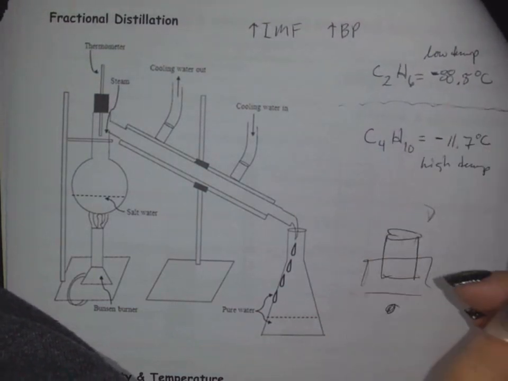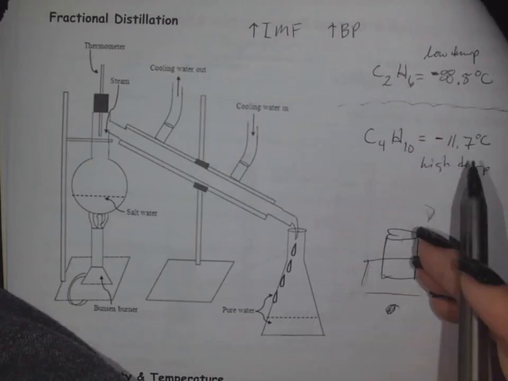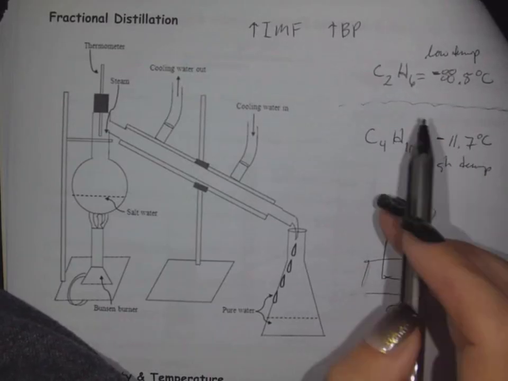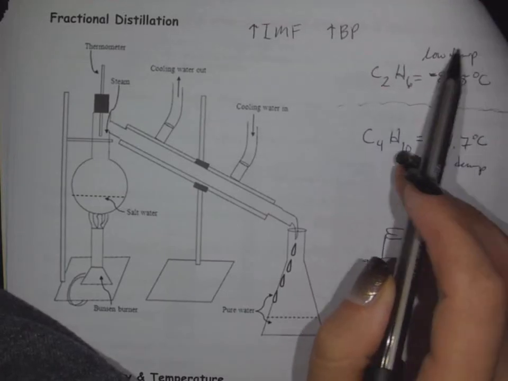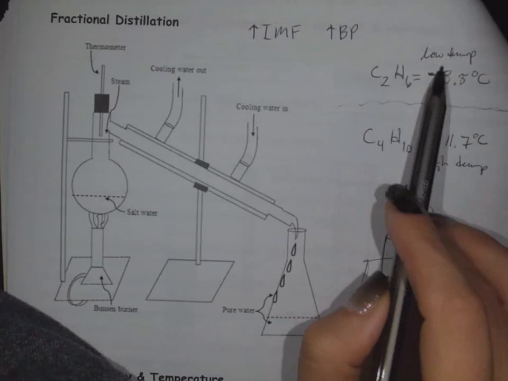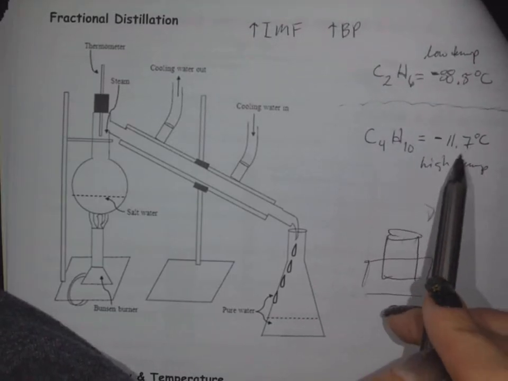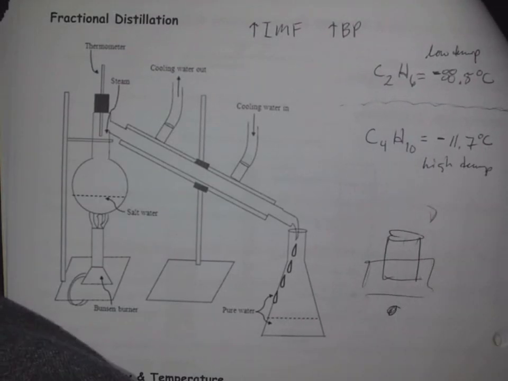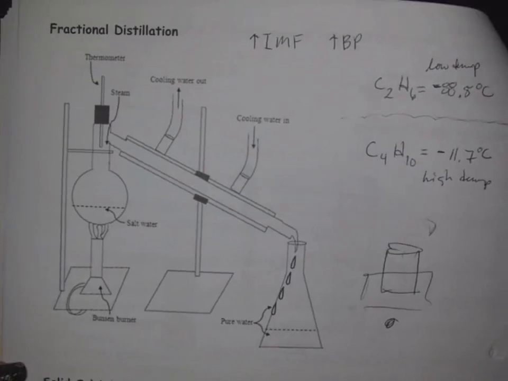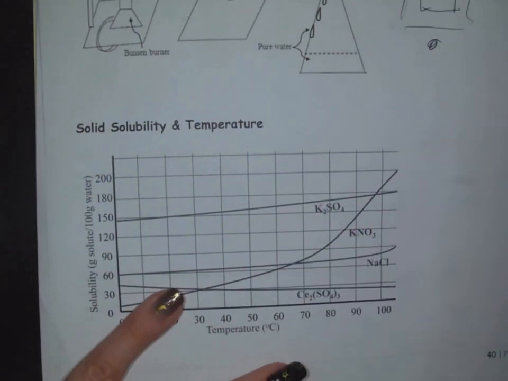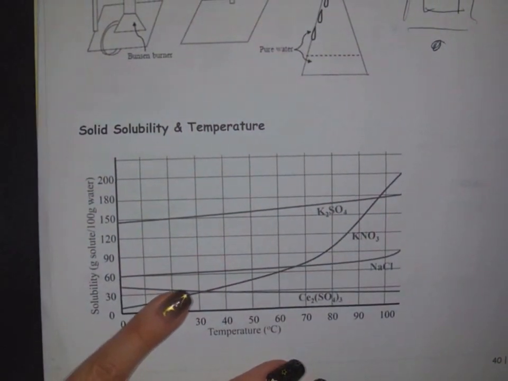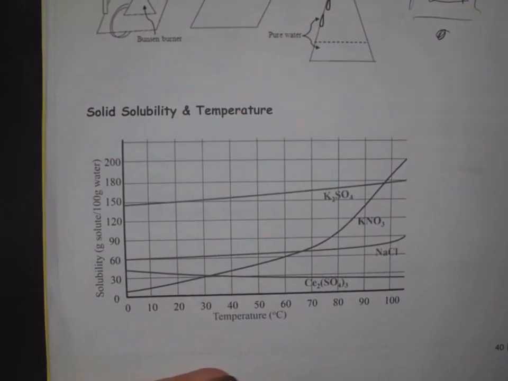Okay, and so the boiling point is lower, the boiling point is higher, negative 20, and so then this one would have vaporized, and this one would have stayed a liquid in there, and now we've separated them. Okay. So, if we have two substances that have different boiling points, distillation is a great way of separating them.